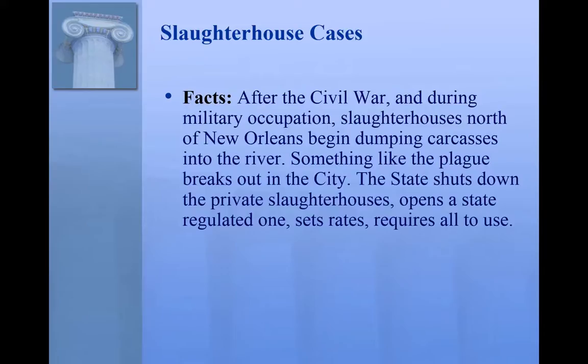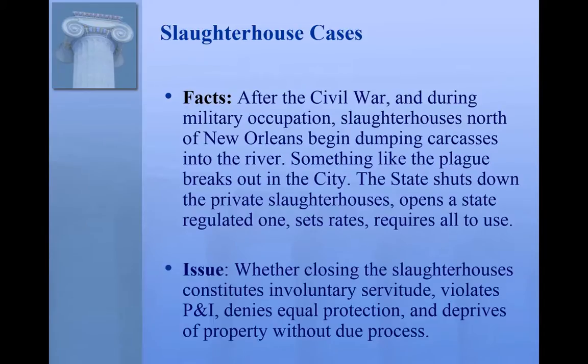And so, of course, the owners of these private slaughterhouses that exist north of the city, they sue. They sue the state of Louisiana. The issue is whether closing the privately owned slaughterhouses constitutes involuntary servitude, violates the Privileges and Immunities Clause, denies equal protection, and deprives them of their property without due process of law. So basically, these slaughterhouse owners threw everything in.